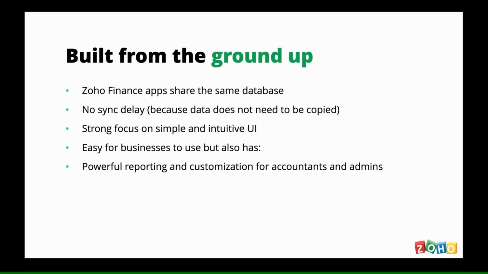Or if an expense is logged, then that is immediately available in my accounting system. And that's because the same database doesn't require any type of syncing delay. So if you use two applications from two separate companies and you try to integrate them together, you usually have some sort of tool that needs to bring that information from one application to the other one. And sometimes it doesn't go back. It's only a one-way thing.